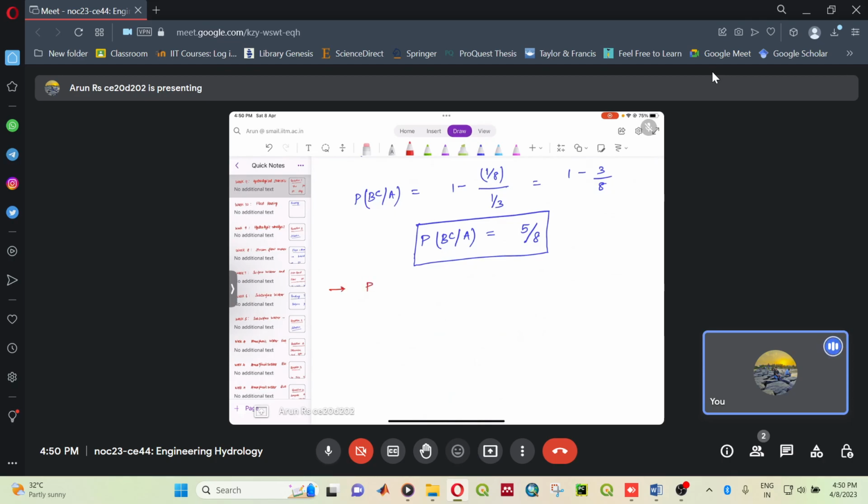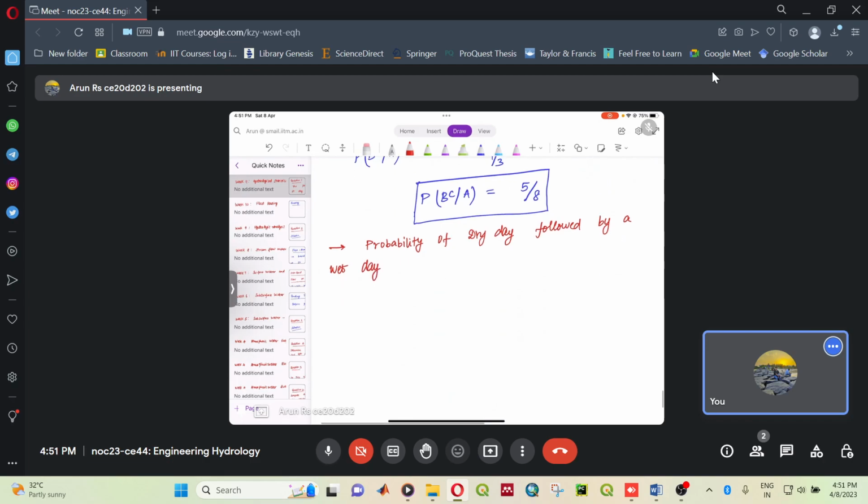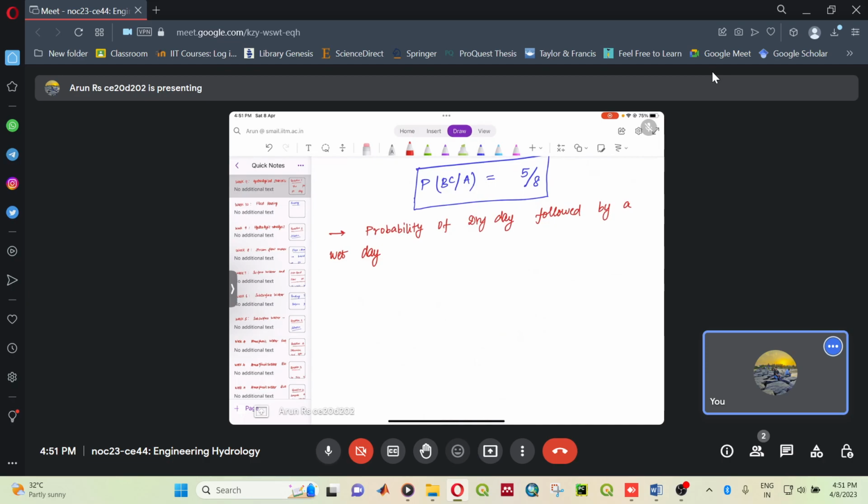Probability of dry day followed by wet day. That is probability of B given A complement.